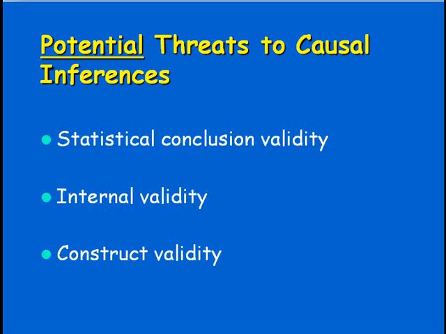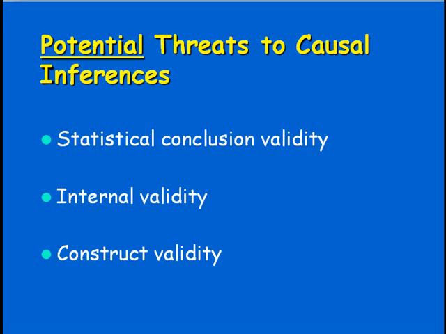We've talked about measurement reliability and validity. When we talked about measurement validity, we talked about face validity, content, criterion, and construct validity. Now we're going to talk about design validity, and I just want to make that distinction.